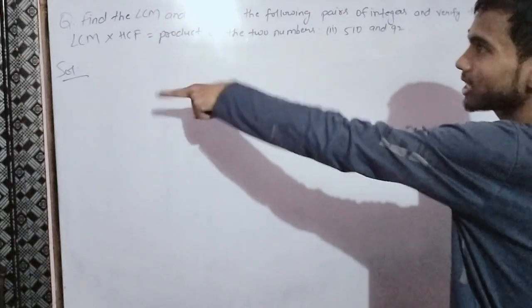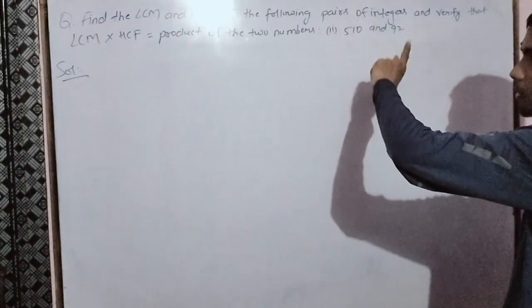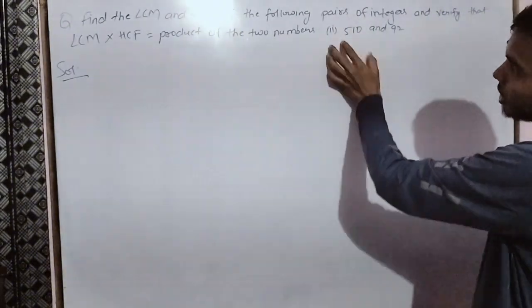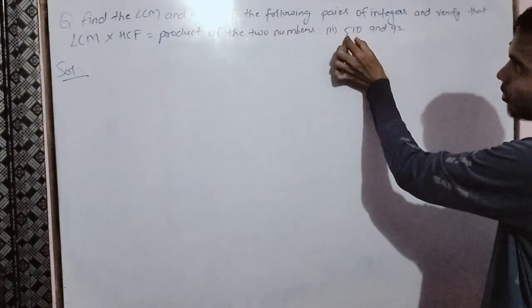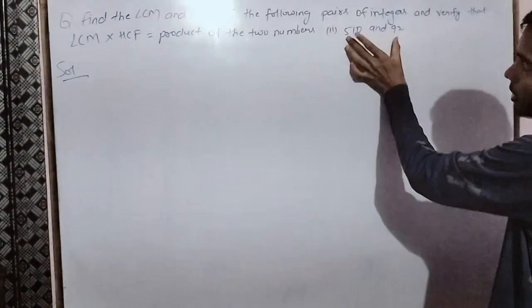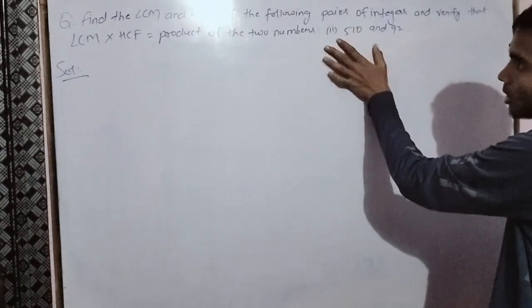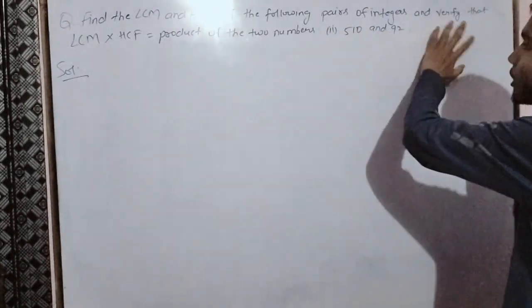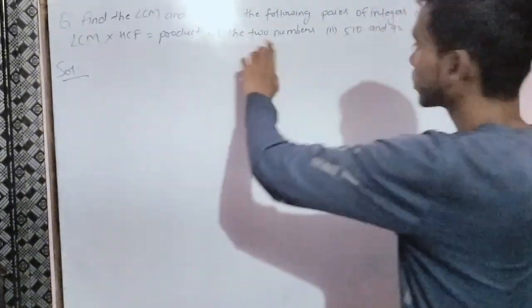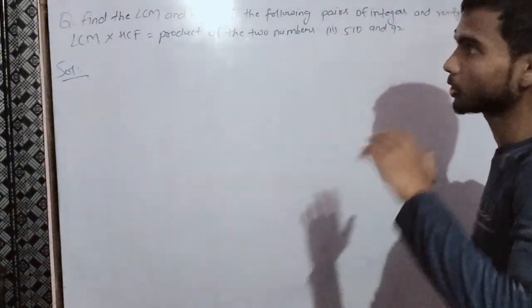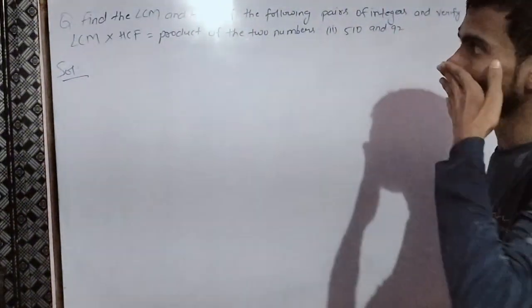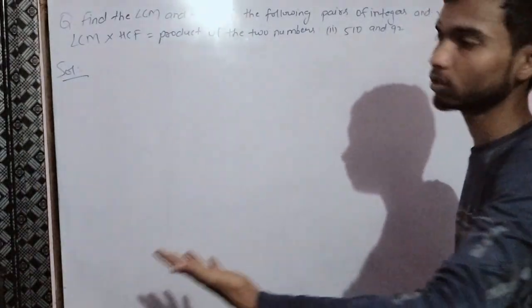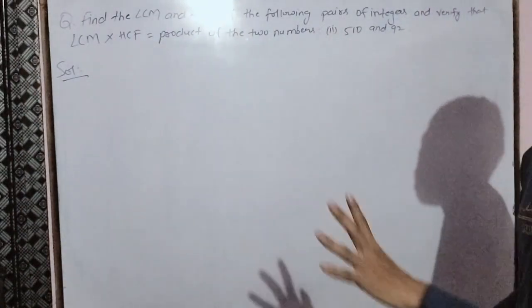So, find the LCM and HCF of the following pairs of integers. So this is an integer, this is an integer. And the question is saying find the LCM of this and this and the HCF of this and this. And verify that when you find the LCM and HCF of this pair of integers, then you will have to multiply both numbers.